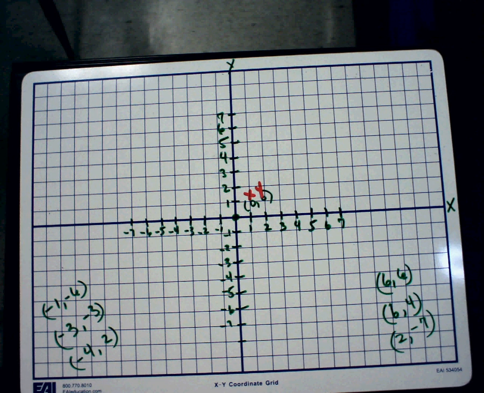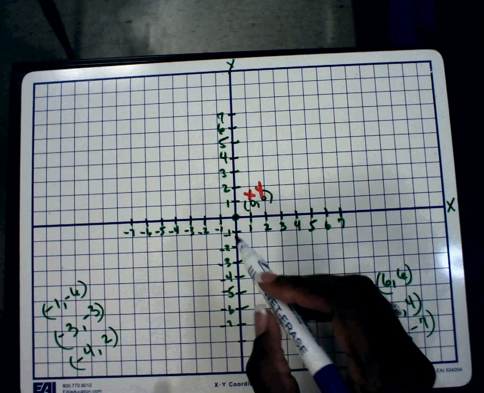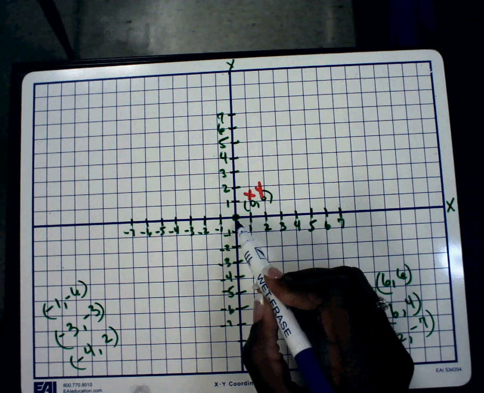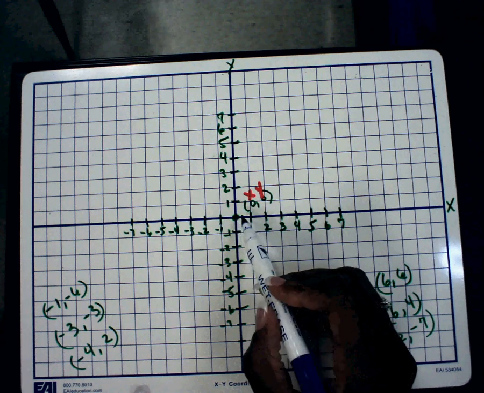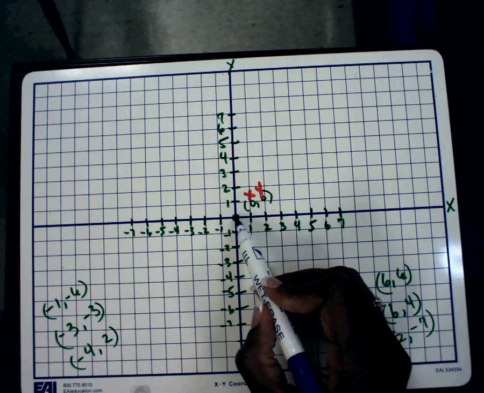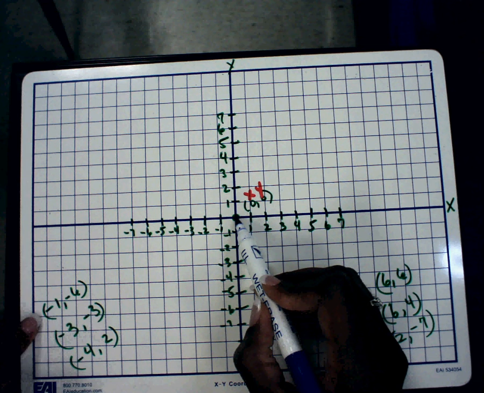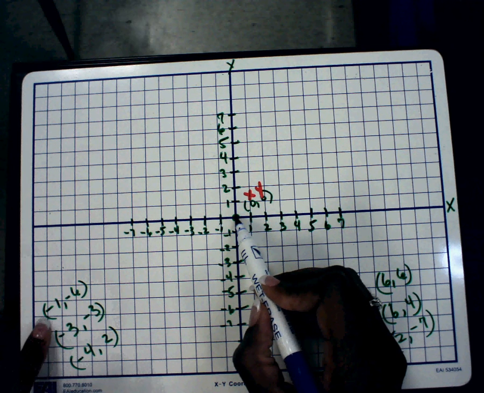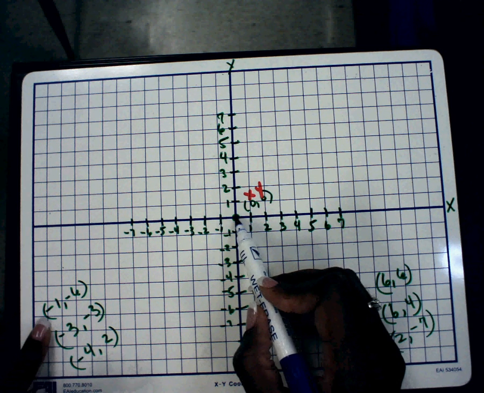Let's start with our first one, -1, -6. Whenever you're plotting points, you always start at the origin every single time. So we put our pencil or marker right where the origin is. For -1, -6, we go to the left 1 because it's negative, and negative x values are to the left.